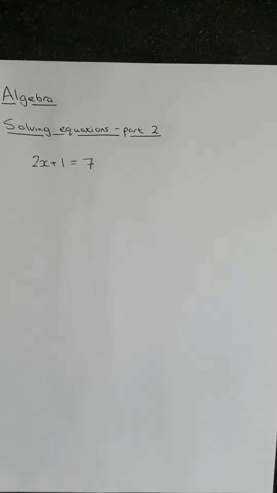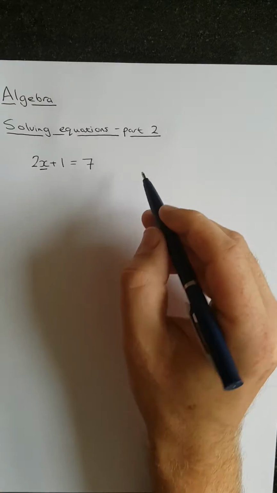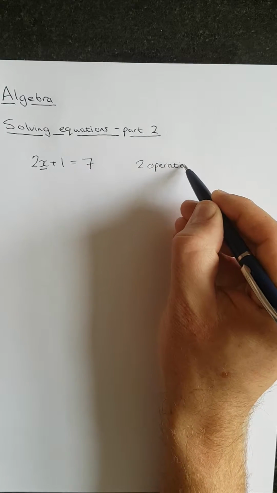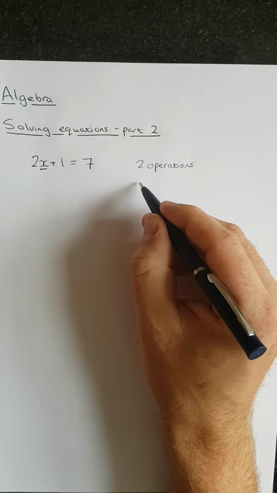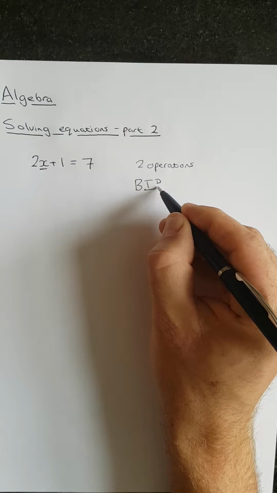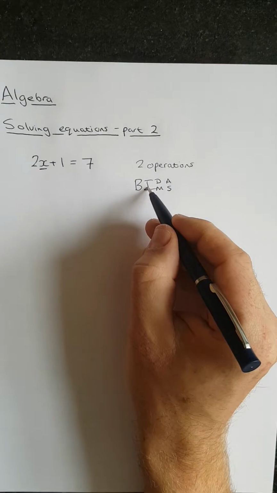Here we have a situation where x has had 2 operations applied. Can you spot those 2 operations? Remember to think about BIDMAS when you are trying to describe them.